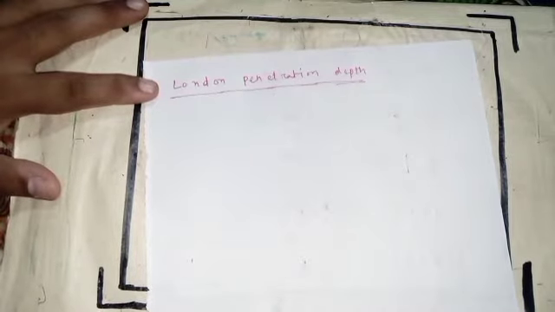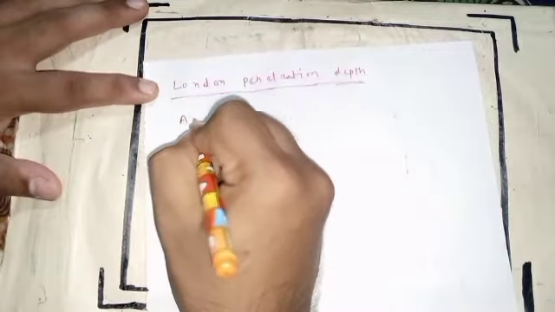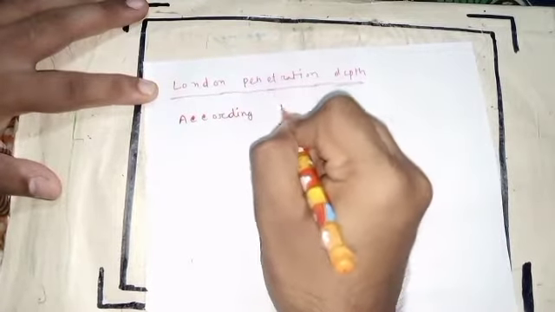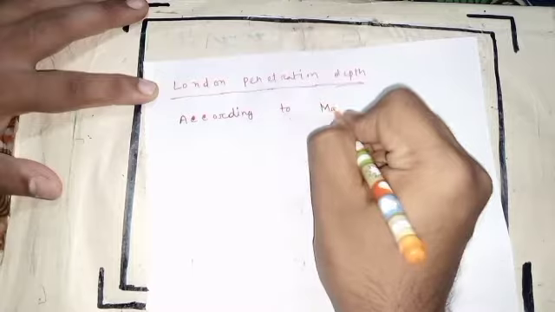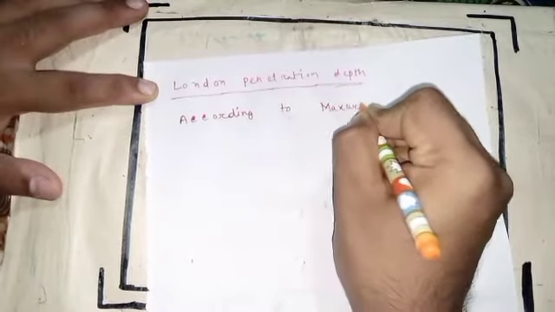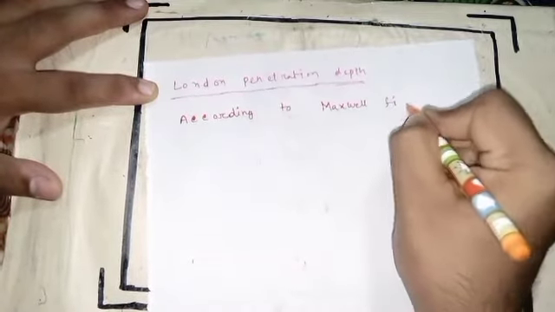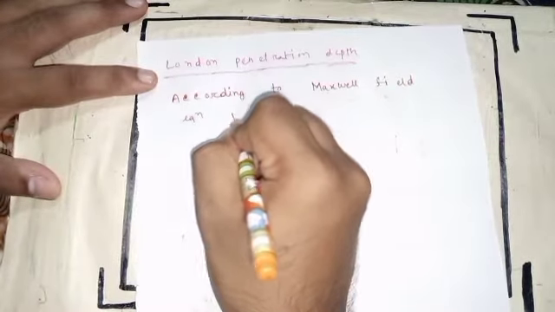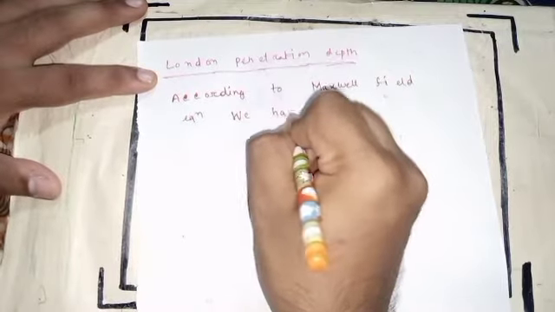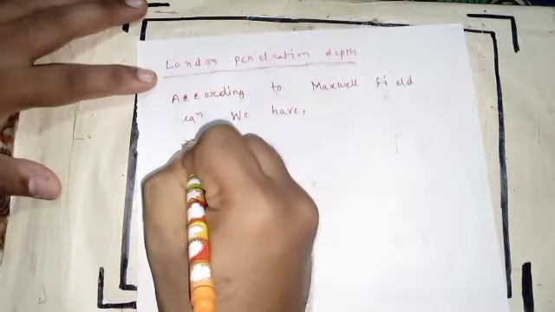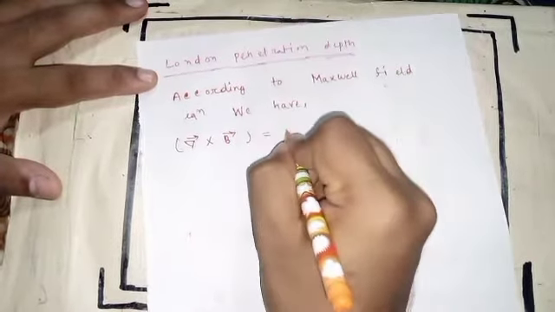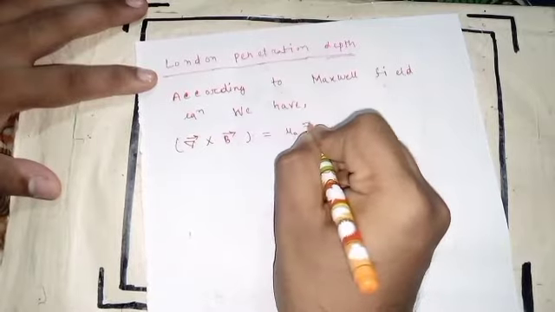According to the Maxwell field equation, we have curl of B vector equals mu naught Js vector.